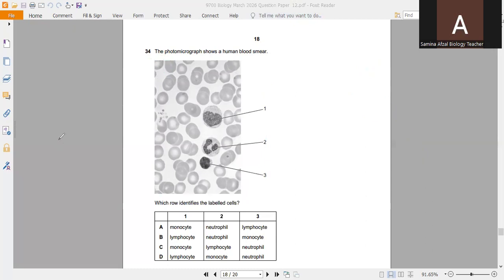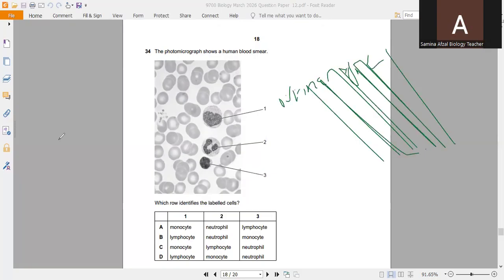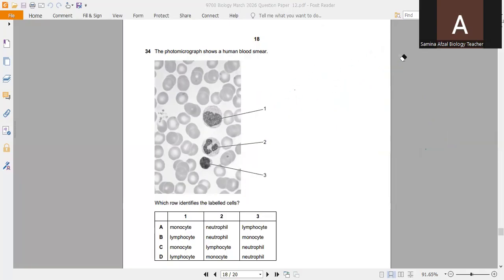So they have given us three labelings, in which the first cell is a monocyte. One is monocyte.